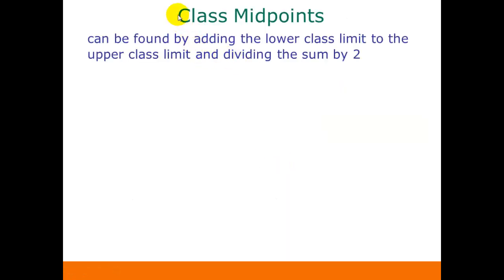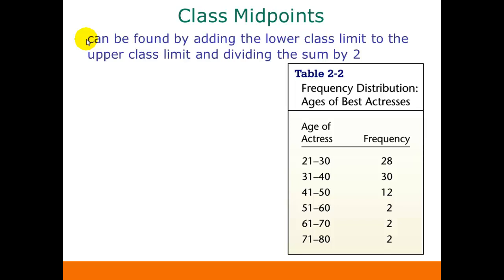Class midpoints we'll use in a later section of this course. And all a class midpoint is, it's the average of the lower class limit and the upper class limit. So all we have to do to find a class midpoint is to add, for a specific class, the lower class limit and the upper class limit and divide by 2.